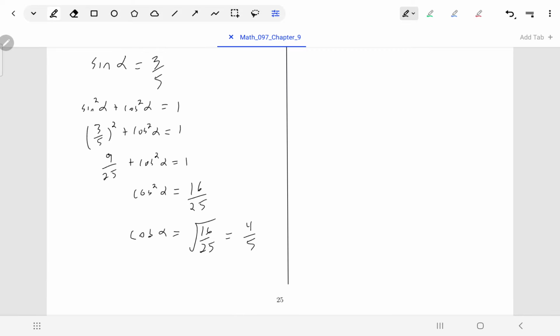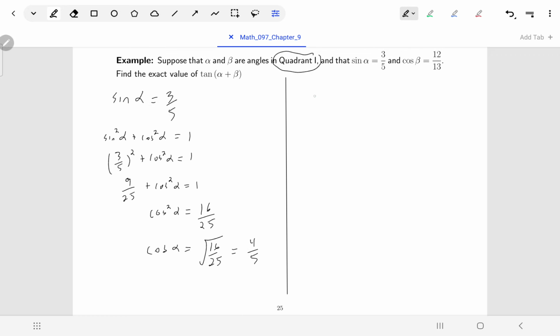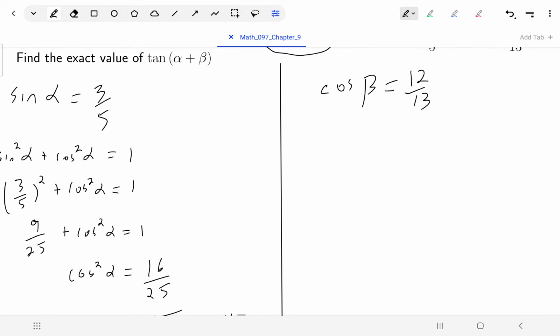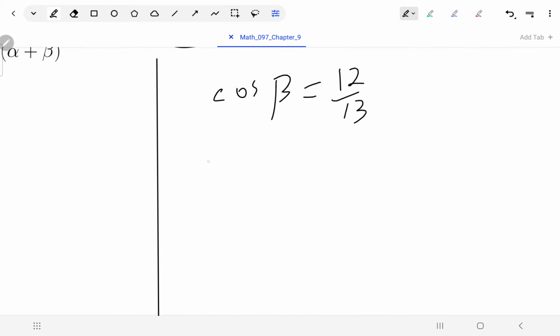All right, I'm going to do a similar sort of move here for cosine of beta being 12/13, and using that to figure out what is my value for sine of beta. So again, I'm going to do the same sort of thing that I did before and say that, well, we know that sine squared beta plus cosine squared beta is 1. And I know that cosine is 12/13.